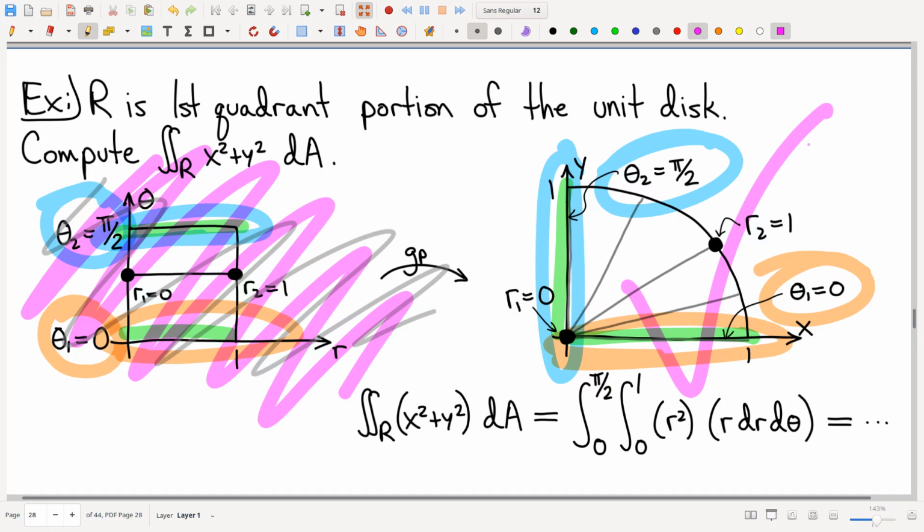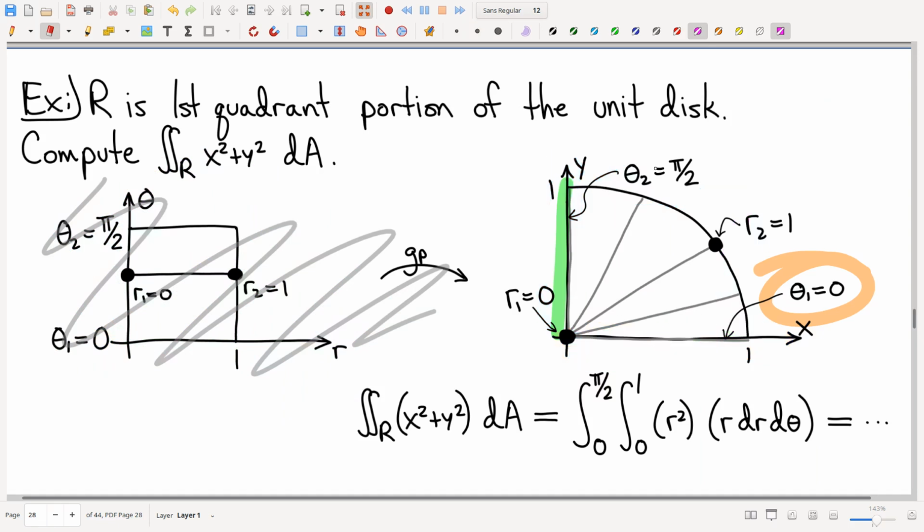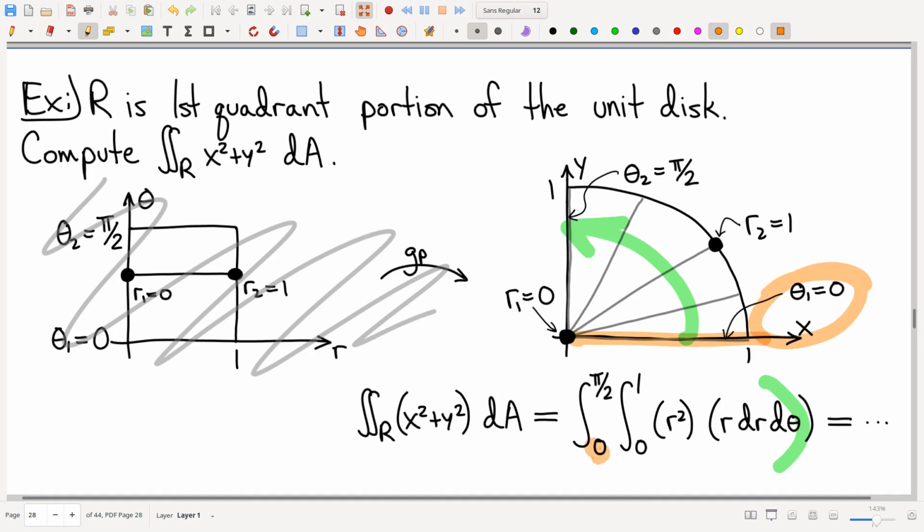So altogether, here's what the entire process will look like as I'm proposing. We will talk about theta as going from theta equals 0 up to theta equals pi over 2. There's my theta bounds. Now I will fix a value of theta, arbitrarily, let's fix theta something like this, and then let's see my first value of r. r is going to start at that point, which is where r is 0.